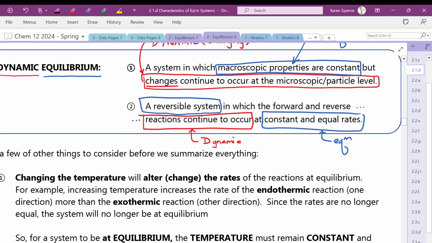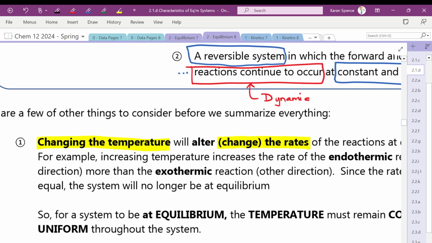All right, we should be aware of the following things before we continue on. Changing the temperature will change the rates. Yes? But what do you remember?